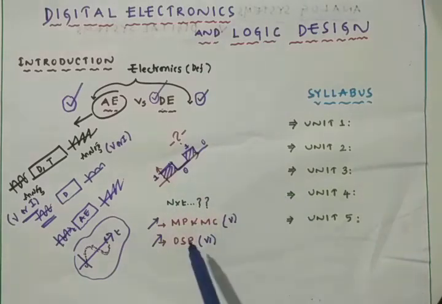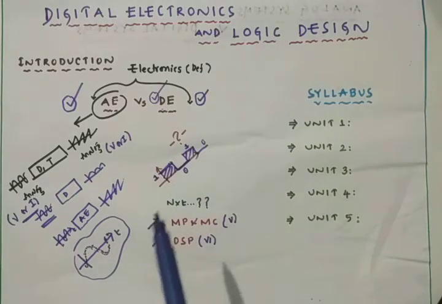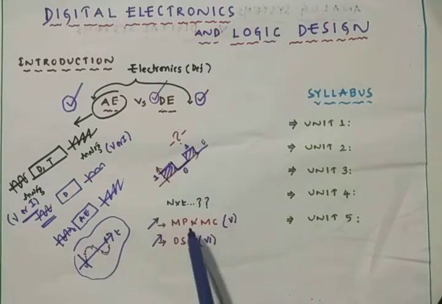That will give you the basics to study the microprocessor and microcontroller in the 5th sem, and you can easily understand digital signal processing in the 6th semester. I hope I am very, very clear.